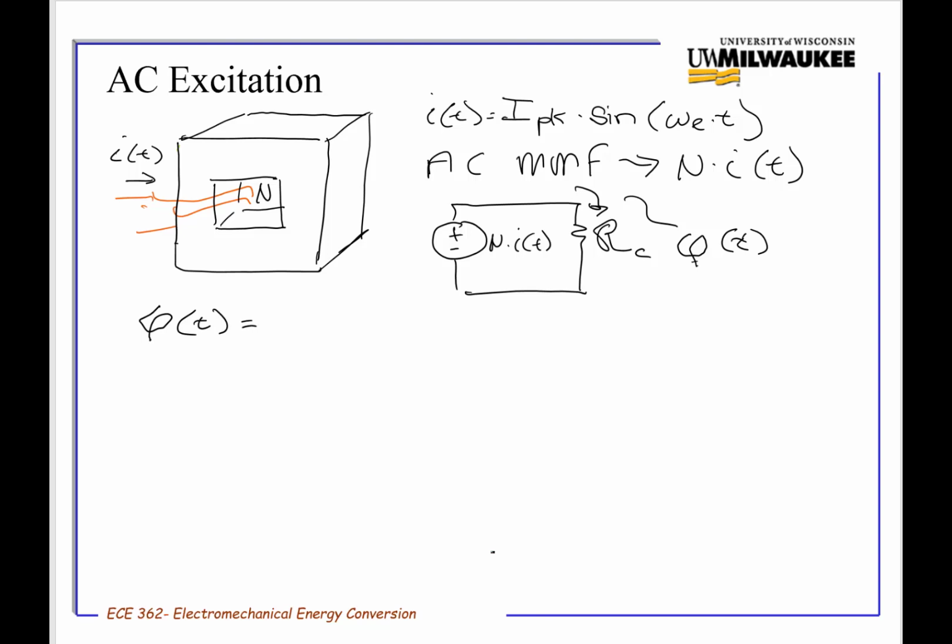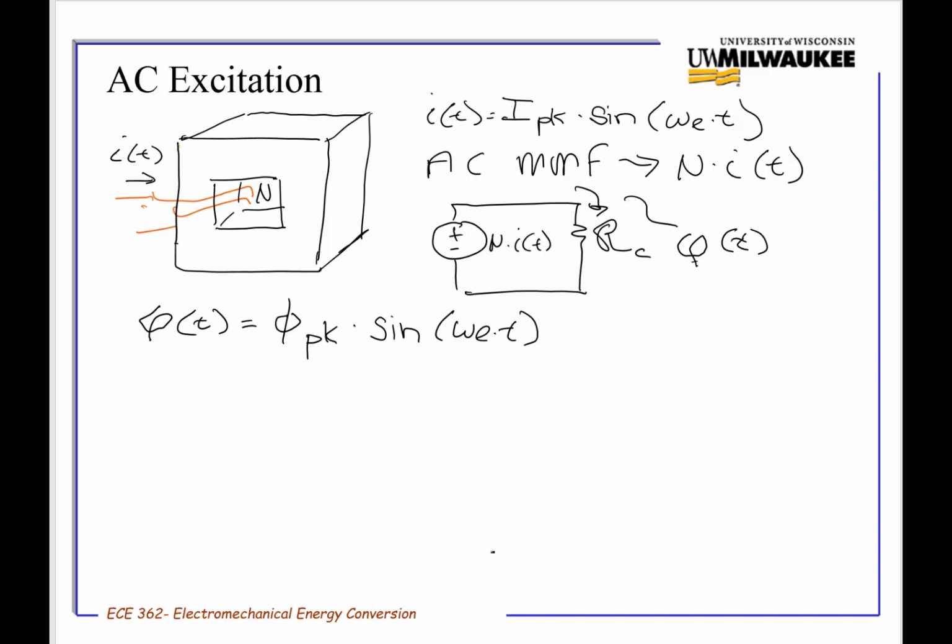I'm writing it myself because I was showing it from some notes from the book, and I didn't like that they were using a max instead of a peak, and that's very deceptive here. So we would actually end up with a peak flux in the core times sine omega_e t.